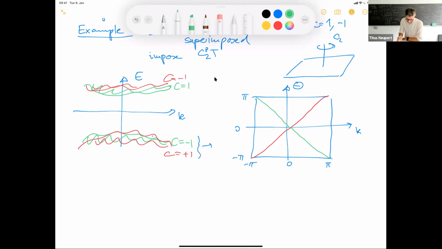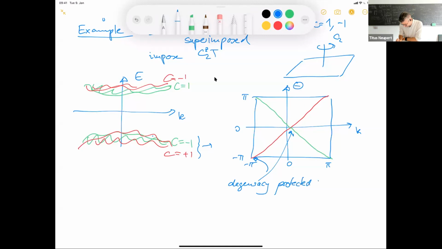And the claim that I have is that this degeneracy point, both at Wilson loop eigenvalue 0 and pi, is protected by a C2T symmetry.